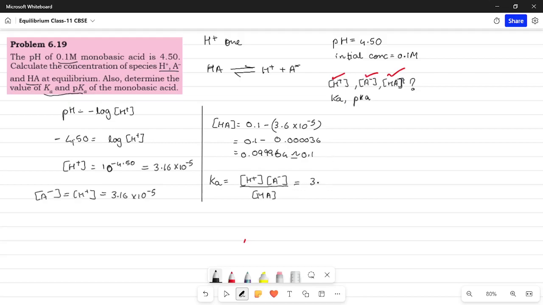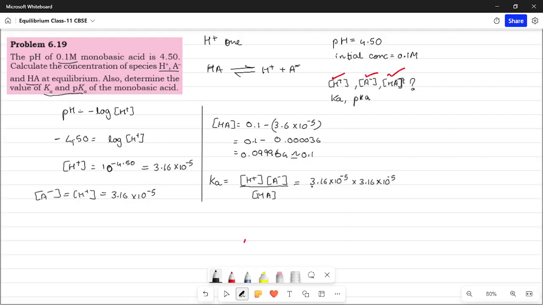So this is 3.16 into 10 to the power minus 5 into 3.16 into 10 to the power minus 5, whole divided by 0.1. When we move the 0.1 from the denominator to the numerator, we can just say into 10, because 0.1 is 10 to the power minus 1, and when we move it to the numerator, it becomes 10 to the power 1. That's why we're doing it this way.